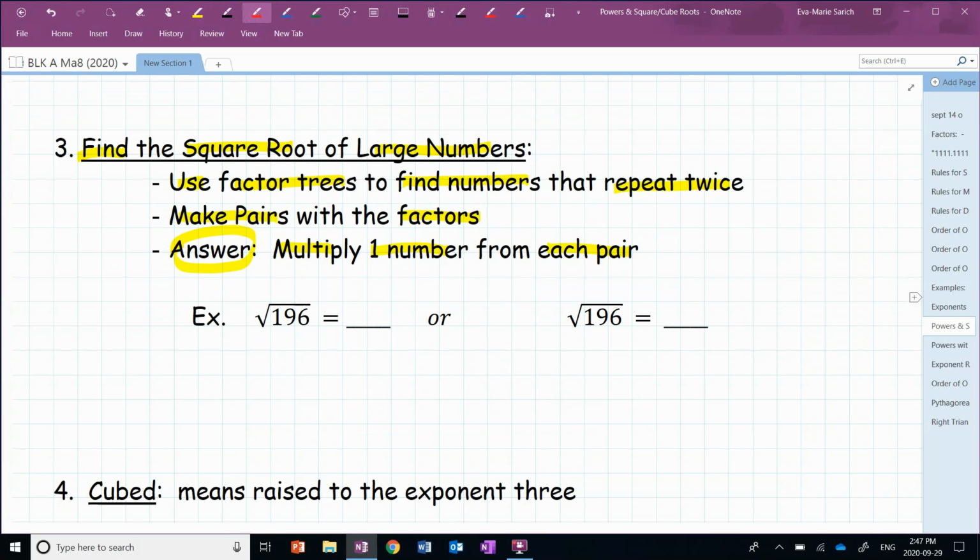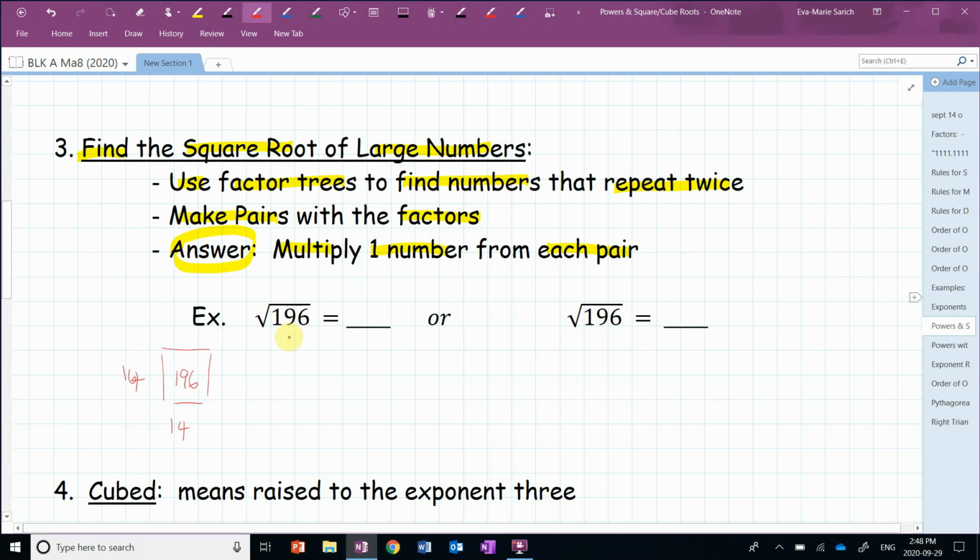Now, you guys did the squares and square roots page where you had to draw a bunch of squares. And in fact, what you discovered is that a square that is 14 by 14 has 196 small squares on the inside.